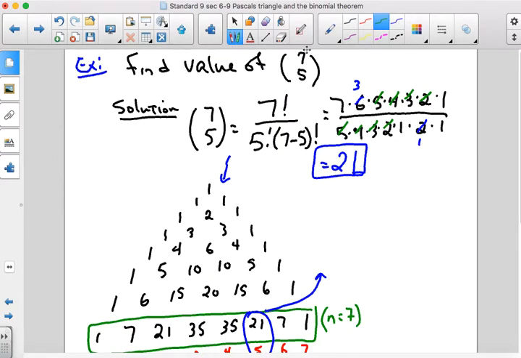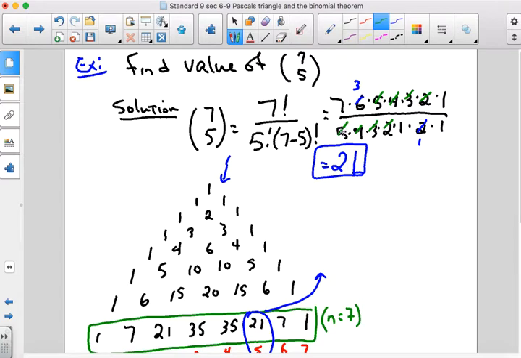Find the value of 7 choose 5 at a time. Okay, so we're doing combinations of using 7 items, but we're only picking 5 at a time. So 7 choosing 5 is going to be 7 factorial over 5 factorial, 7 minus 5 factorial. So I just write it out. 7 factorial, 7 times 6 times 5, 4, 3, 2, 1. 5 factorial is 5, 4, 3, 2, 1. 7 minus 5 is 2, so that's 2 times 1.